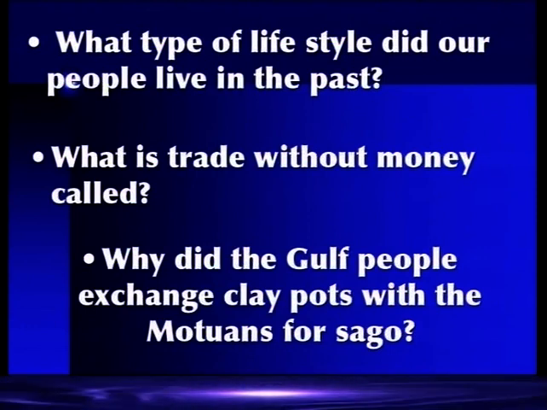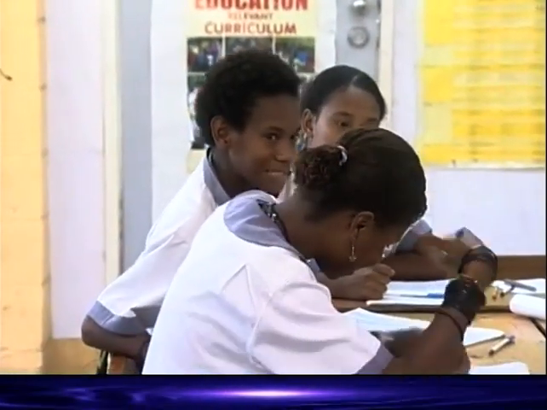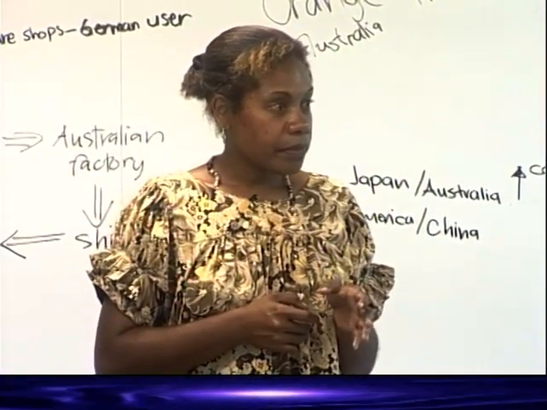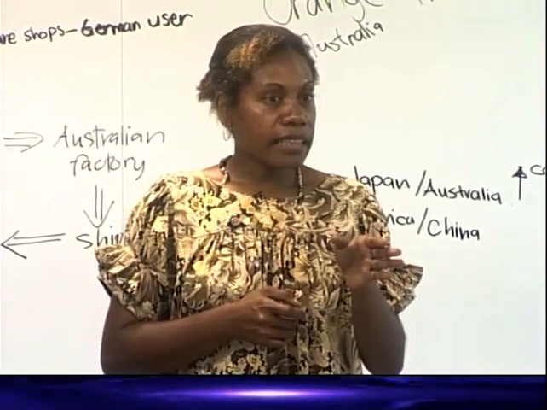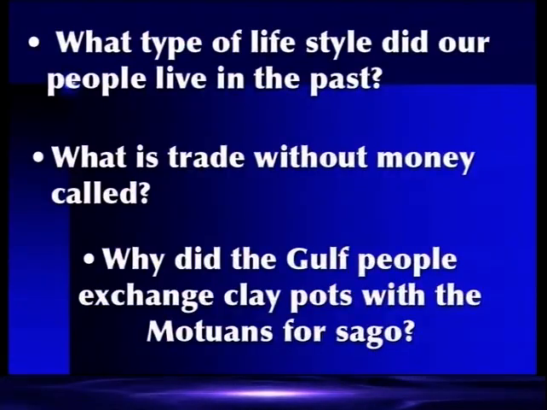Okay, you others listen very carefully to Andy. Because they couldn't make their own clay pots. Okay. Teddy, did you hear what Andy said? Okay, Andy said because the Gulf people, they didn't make any clay pots.